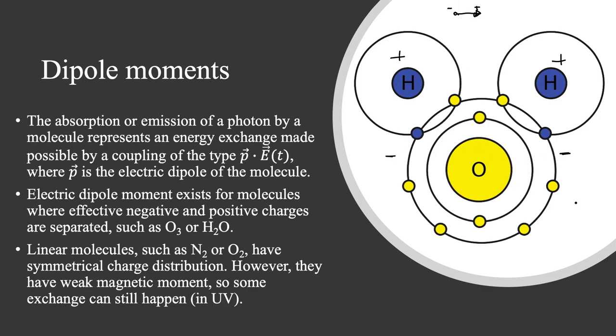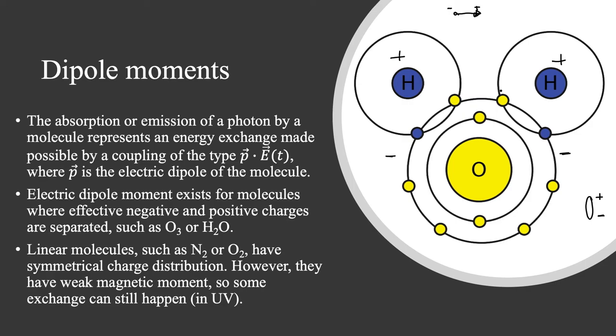And so if you were to look from really far at this molecule, you would have an excess of positive charge on top and an excess of negative charge near the bottom. Okay, and so when you have very asymmetrical molecules, it's easy to have this dipole, and so you can very easily have these kinds of absorptions or emissions.